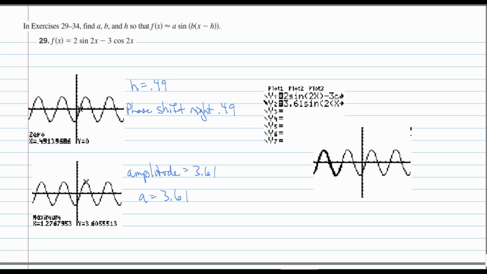Let's see. Oh, and then let's not forget about our B value. Our B value had to be the same in the first place because this is a sinusoid. The B value is 2, which means this did have a horizontal shrink by 1/2, which is why the period is pi. Just in case you were curious, the period of this one is pi.